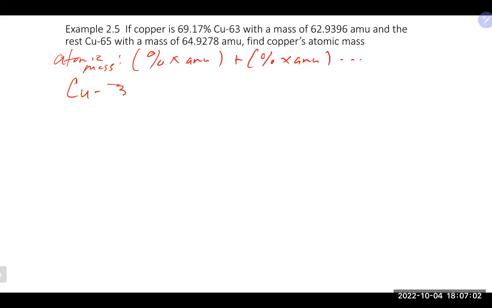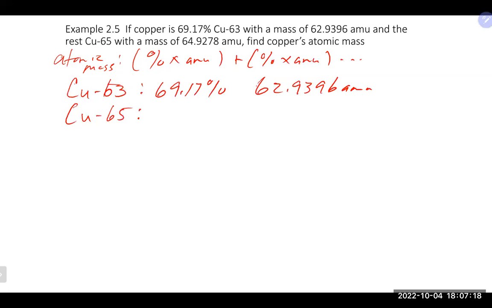Copper 63 is 69.17% and has a mass of 62.9396 AMU. We also have copper 65 here. It doesn't give us the percentage, but does tell us that it is 64.9278 AMU.